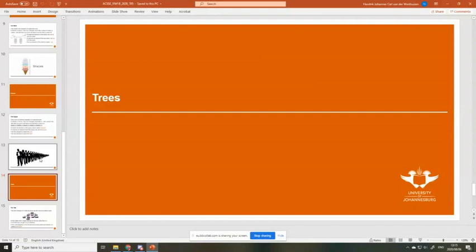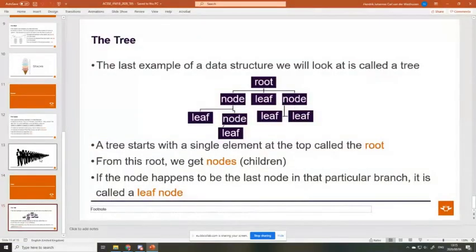So at the end of these branches, you have leaves. So when we look at this, the last example of a data structure that I'll be using for today is the tree. A tree starts with a root. That's the first element that there is. And if there is only one element, that one element is the root.